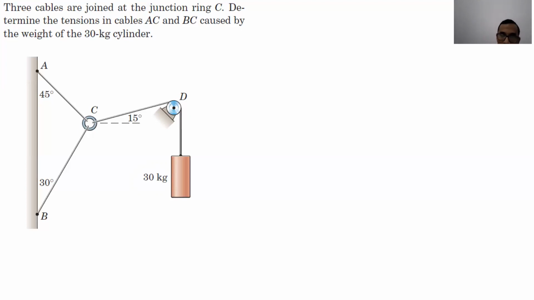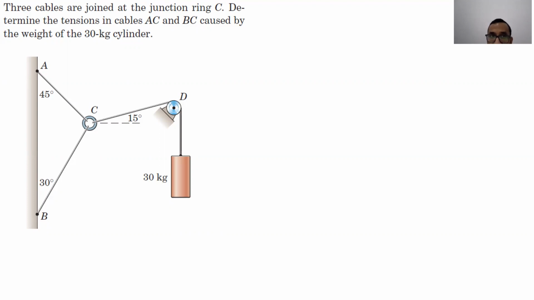So, in order to solve this particular problem, what are we supposed to do, Judy? I think first we have to draw the free body diagram. Which free body diagram? That's the most important thing as well. I think the free body diagram for the mass.